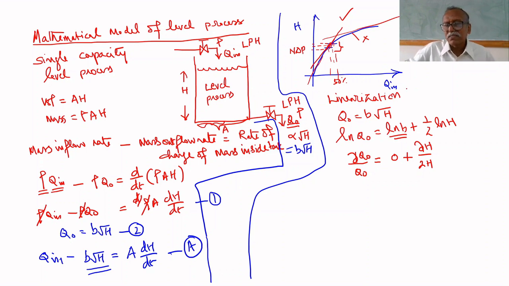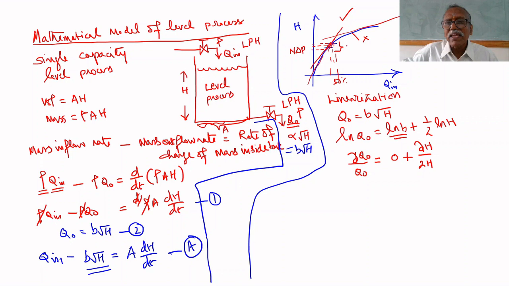So infinitesimal change in Q naught by Q naught equals infinitesimal change in H by 2H. But I am assuming that the infinitesimal change is also true for small change.